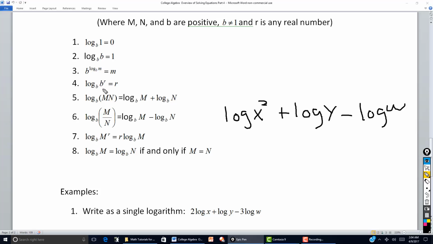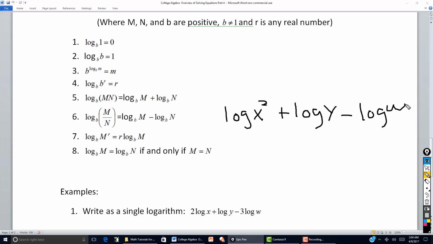Actually, I'm going to use property 5, 6, and 7. So by putting this power here, where on the x is 2, I'm actually using property number 7.